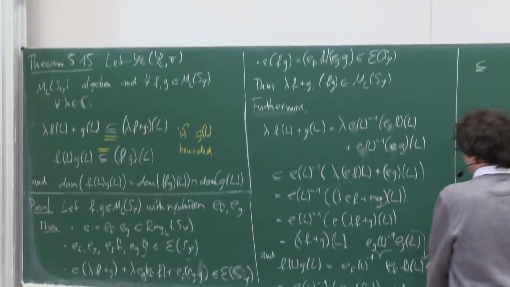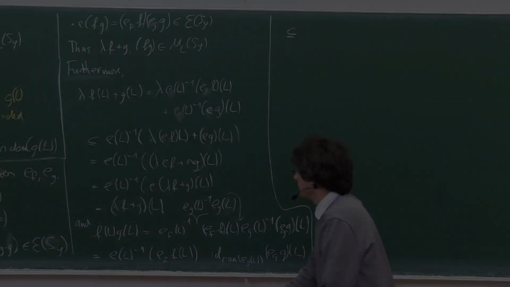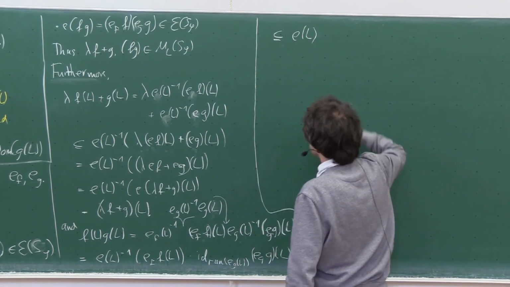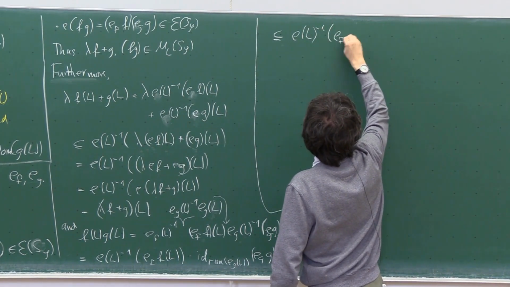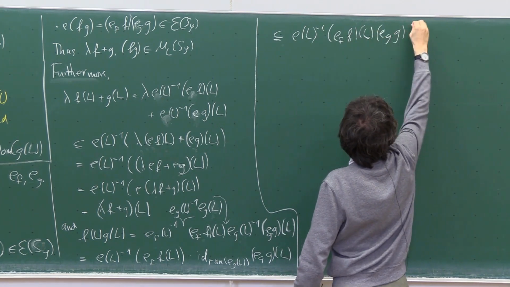So this is now included in, if you take here the whole identity, what you are left with is E of L to the minus 1, EF F of L, EGG of L.